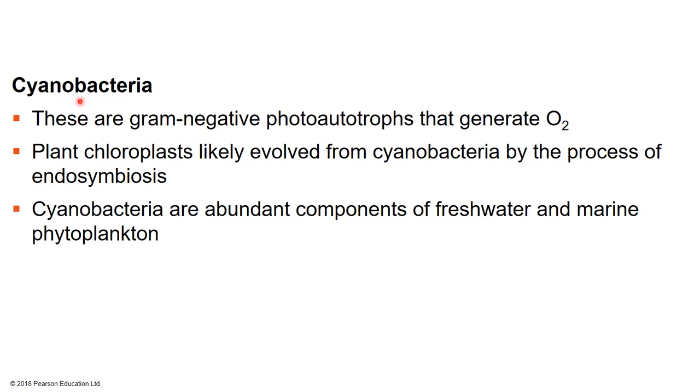We have another group of the domain bacteria called cyanobacteria. It's a gram-negative bacteria, and this type of bacteria can carry out photosynthesis, and they are considered photoautotrophs. They can generate oxygen. Okay. Typically, cyanobacteria are found in fresh water and in marine waters.